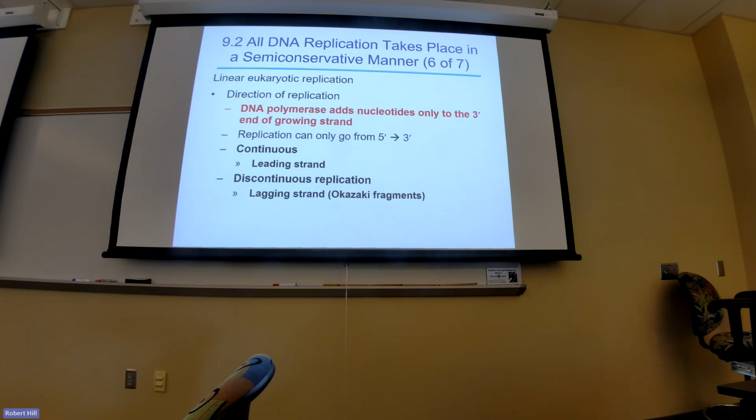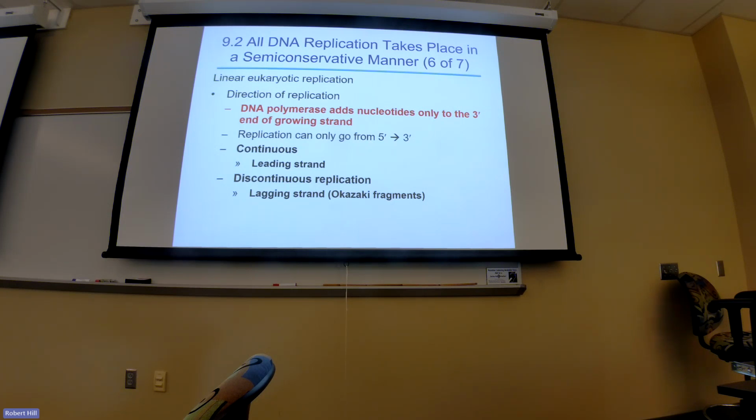So where are the nucleotides going to be added? They're going to be added here and here, because DNA polymerase can only add nucleotides to the 3' end. The enzyme that's unzipping the DNA is moving this way, though. So this gradually opens up. This strand can be replicated continuously, and because of that, it's called the leading strand.